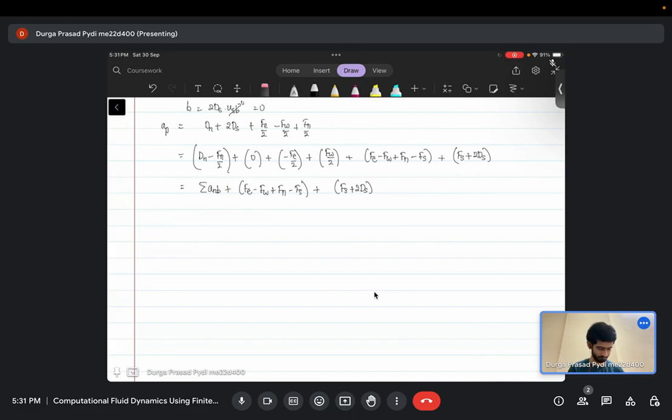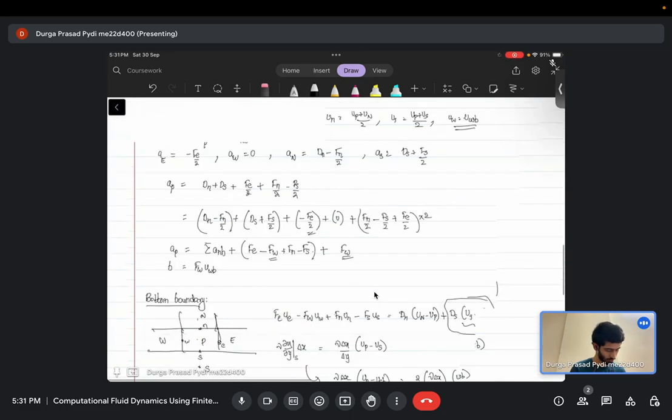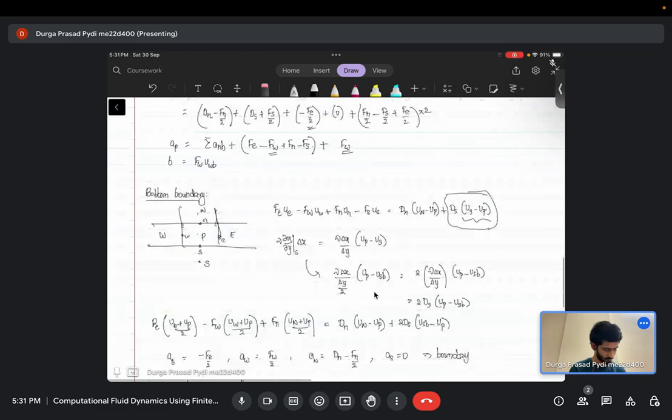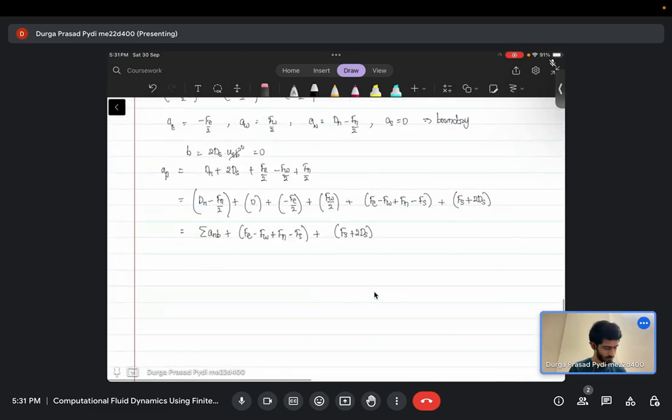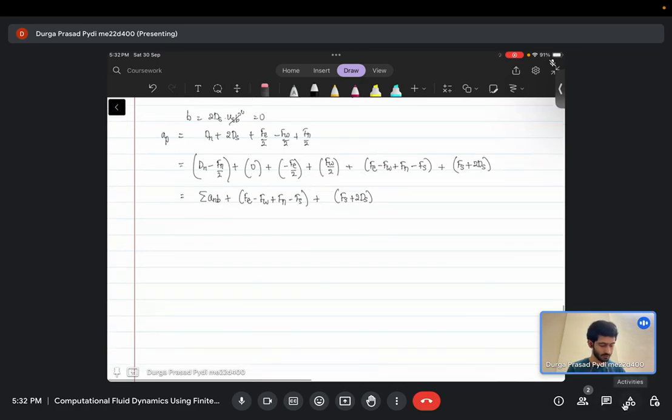So the point I want to highlight here is this particular expression remains the same. So when you are doing it programmatically, how do we approach this is, we write the normal terms.